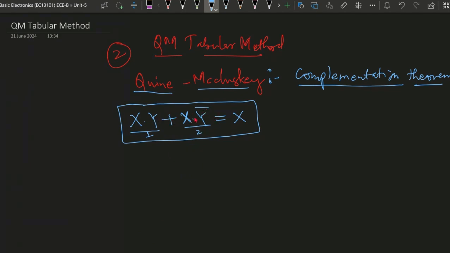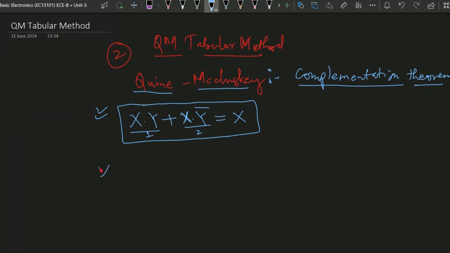The other part is the same. In that case, we combine them together and are able to reduce that particular variable. So here the y variable is reduced and only x is available. This is called the complementation theorem.